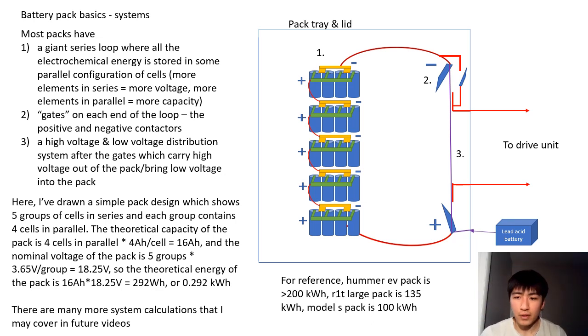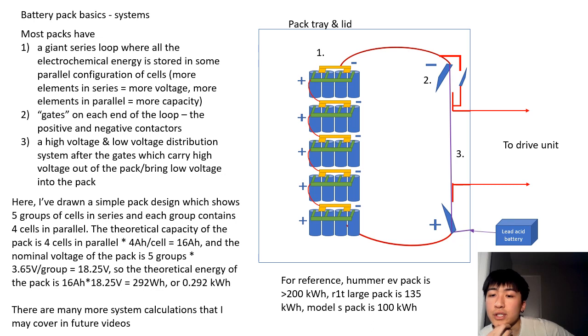And then number three is where there are a little bit of nuances because companies usually do it differently, but there will be a high voltage and a low voltage distribution system after the contactor gates, carrying high voltage out of the pack or maybe bringing low voltage into the pack. The way I can best describe it is you can see the lead acid battery that I wrote here is delivering 12 volts to the contactors, enabling them to open and close successfully.